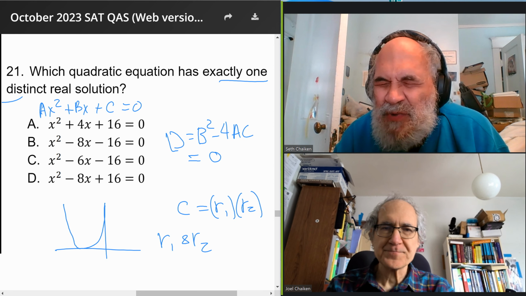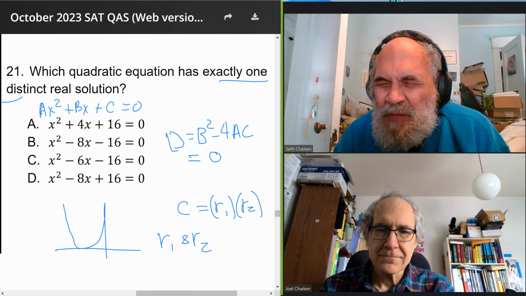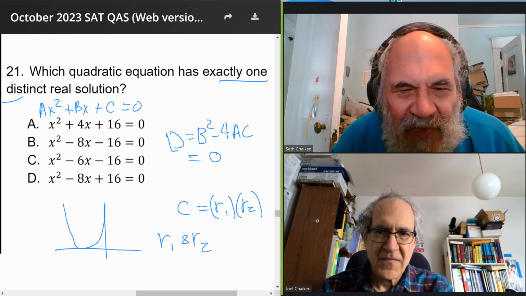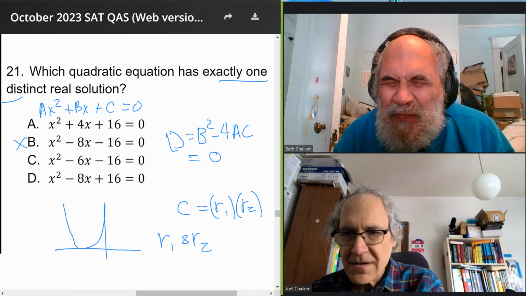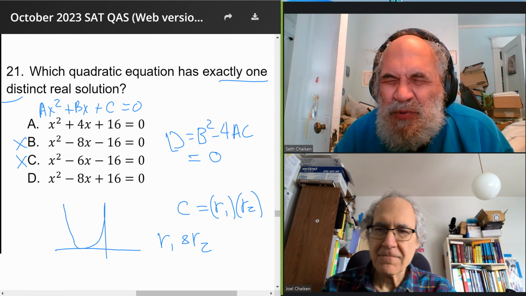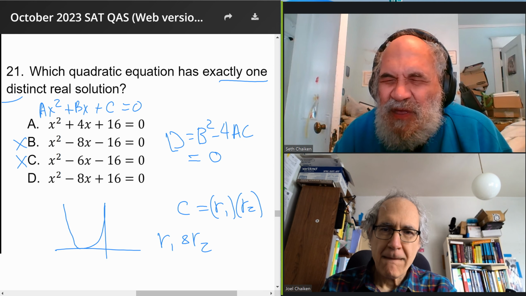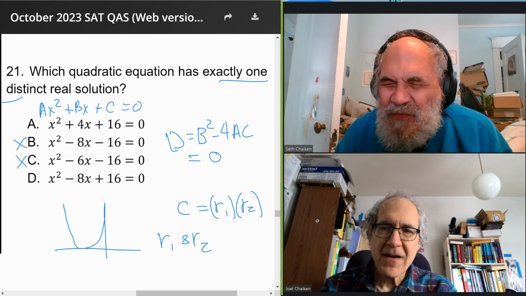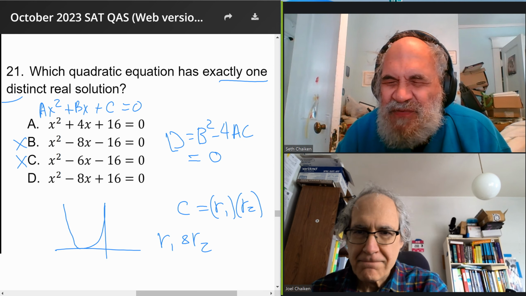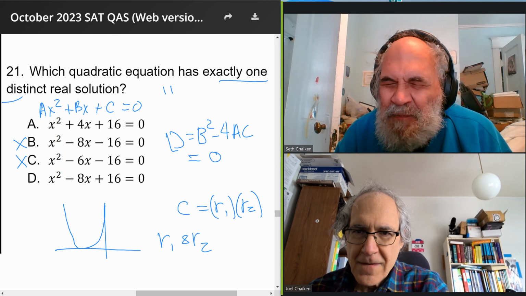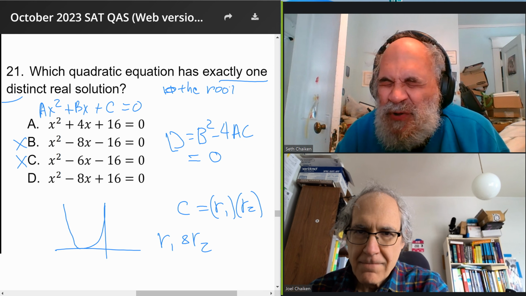The only real number whose product with itself is 16 is 4. So the putative real root is 4, and therefore the equation must be equivalent to x minus 4 times x minus 4 equals 0.